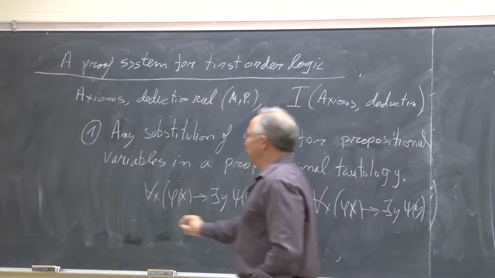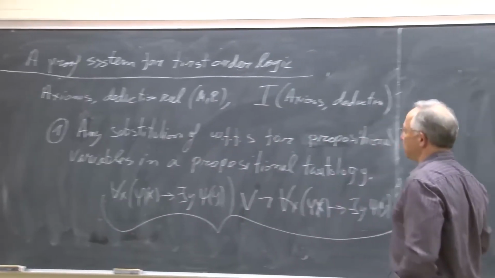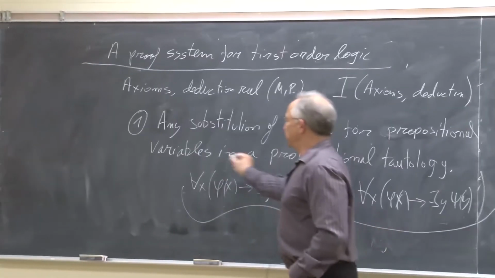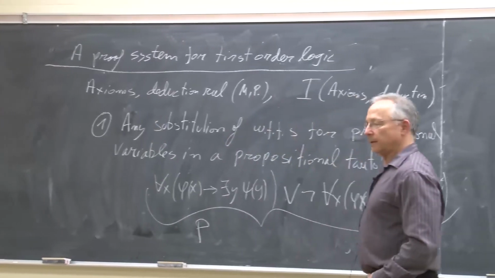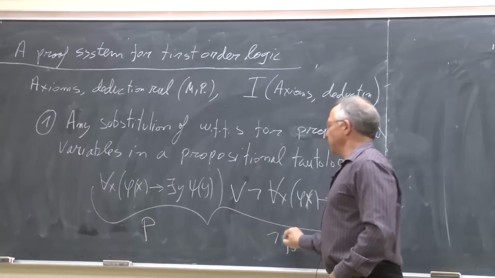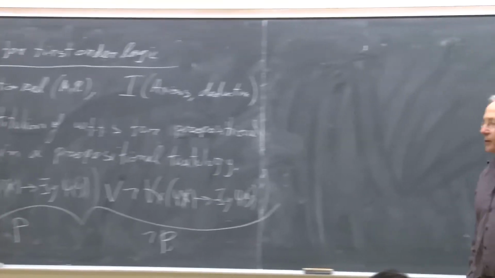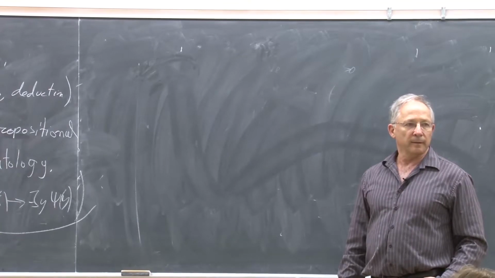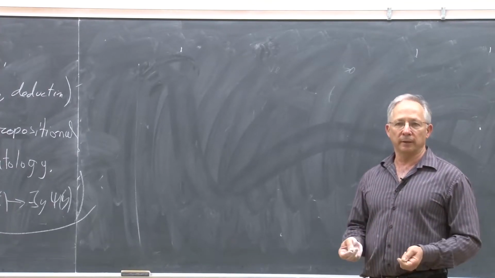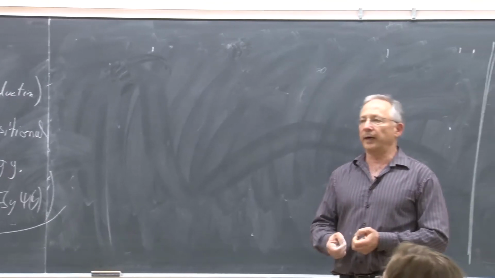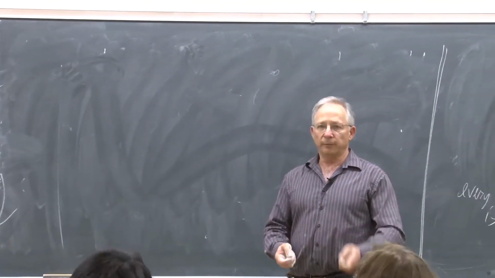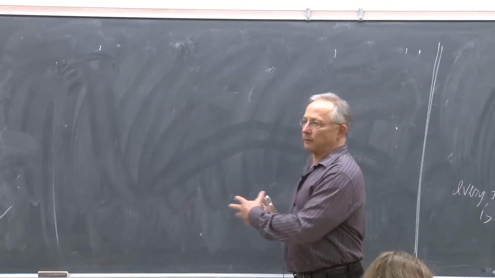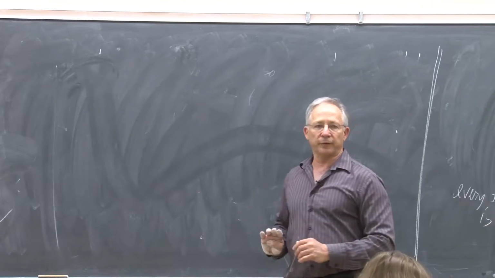Now, I don't care what phi or psi are. I can say this is the formula that I substitute for p. And here I have not p. And p or not p is a propositional tautology. So this is an axiom. Whenever you take a propositional tautology and replace every variable with a formula, the same formula for the same variable whenever it occurs, the resulting formula is an axiom of type 1.